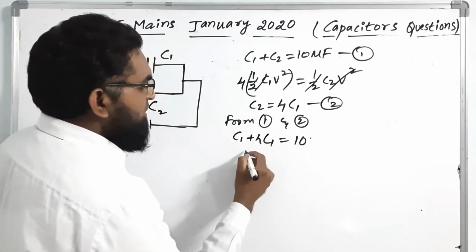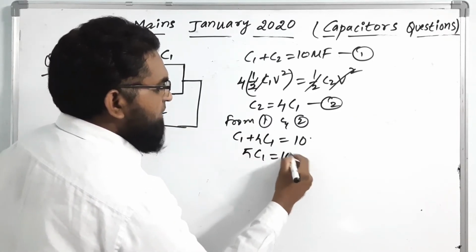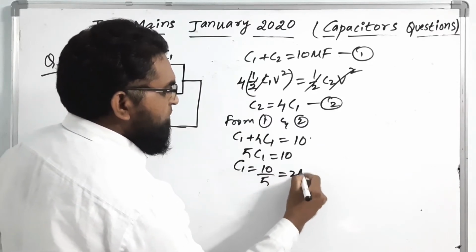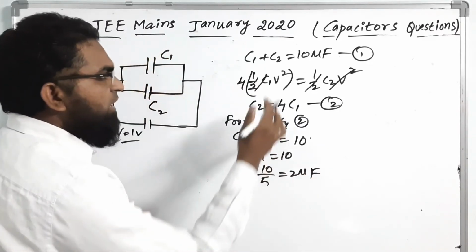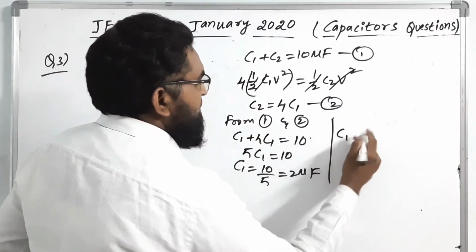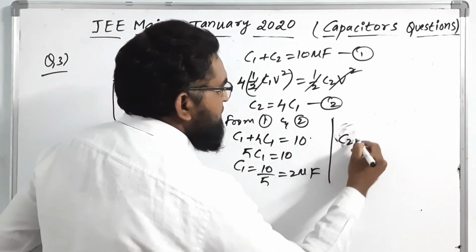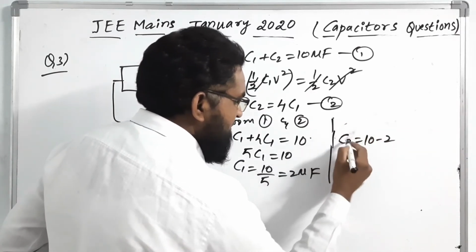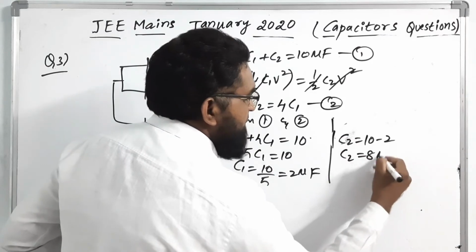So 5 C1 equals 10 and C1 equals 10 by 5, so C1 is 2 microfarad. C2 equals 10 minus 2, so C2 is 8 microfarad.